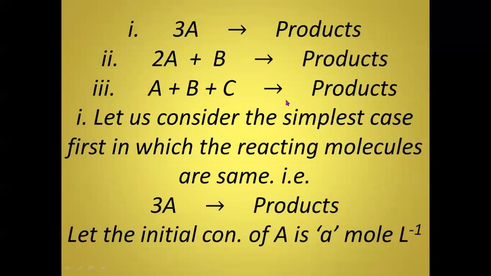Of these three, the simplest one is the first case in which A produces product and all three molecules involved are of reactant A only. So we will first take that situation where all three molecules are of same reactant.